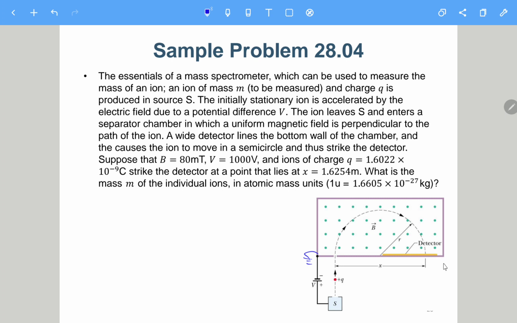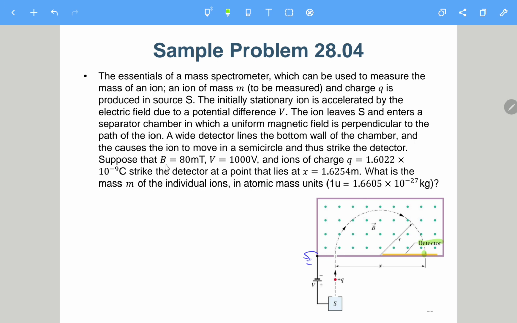This is the so-called detector. Okay, and then it will know the position where this charged particle hit on this wall. And based on measuring this distance, you will be able to find something interesting. A detector lines the bottom wall of the chamber, and causes the ion to move in a semicircle and thus strike the detector.